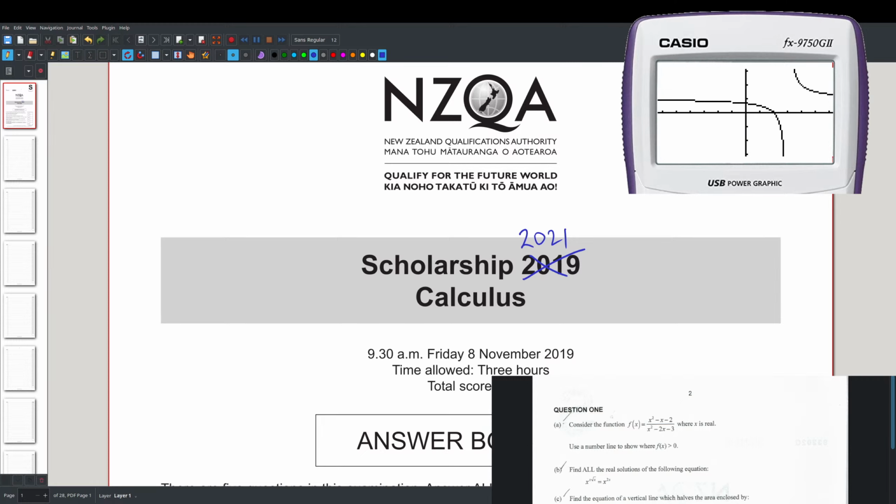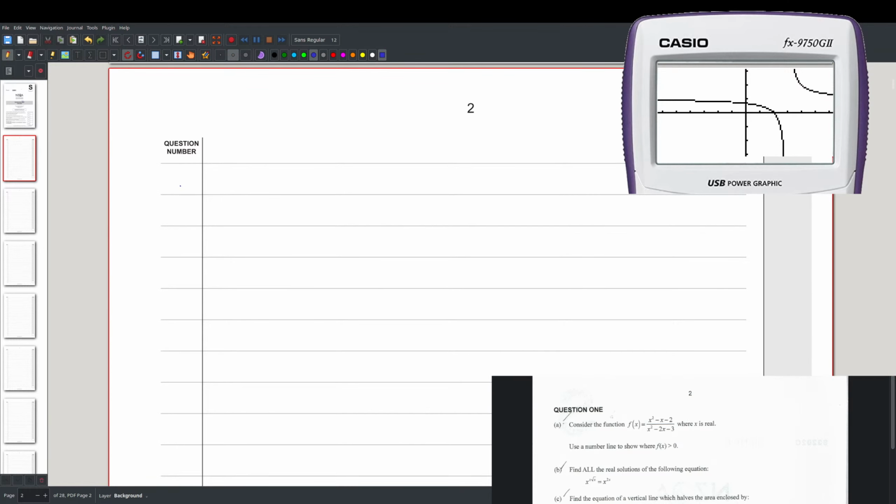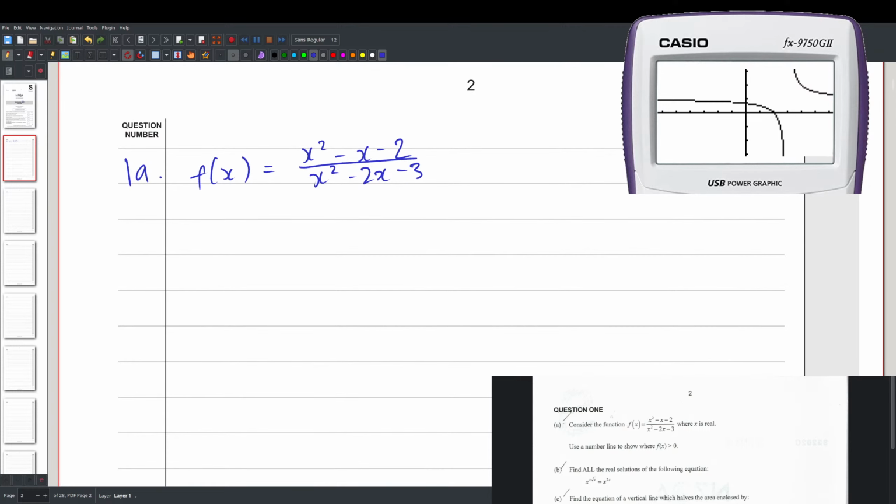So what you probably want to do: 1a, f of x equals x squared minus x minus 2 on x squared minus 2x minus 3.